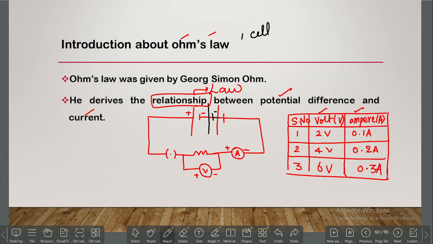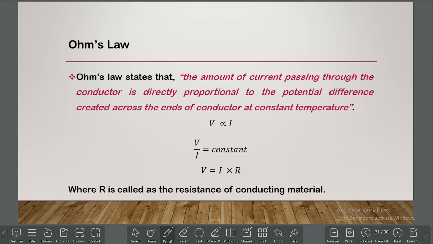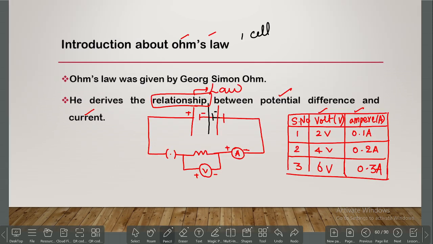In that law, he said the amount of current passing through the conductor is directly proportional. So what is meant by directly proportional? If you see over here, the amount of current gradually increases when the potential difference created across the ends of the conductor also increases.